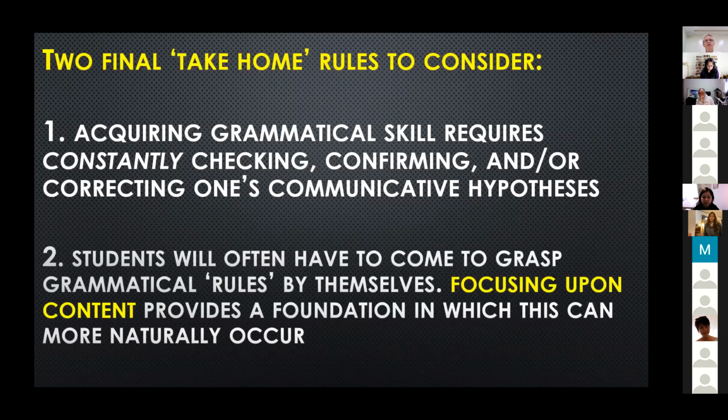Moreover, students often have to come to grips with these grammatical rules by themselves. And the way that they can do that best is if the teacher focuses upon content first. That's the best foundation in which internalizing grammar can occur.